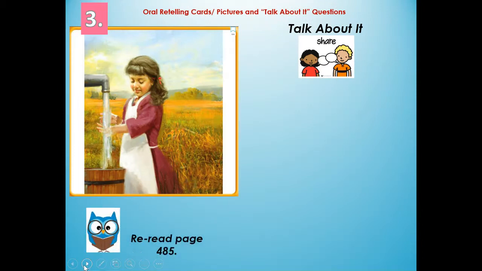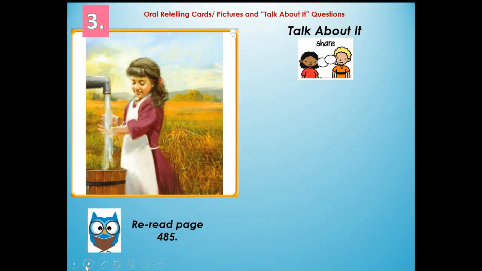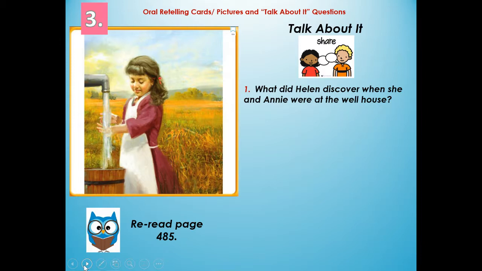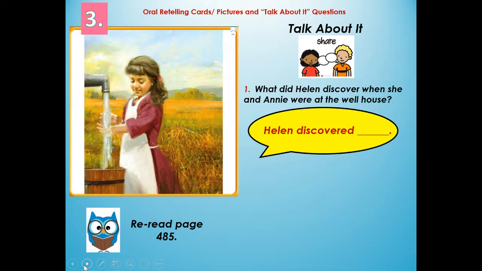Here's a major event in the story. You can reread about it on page 485 in our Journeys textbook. What did Helen discover when she and Annie were at the well house?